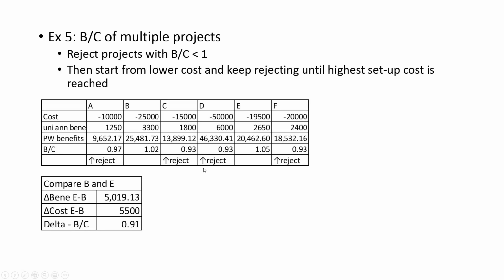And then the change in cost of E over B. We're not doing the EUAB and EUAC; we're actually taking the present worths. So 25,000 minus 19,500 is 5,500. So the ratio of change in benefits to change in cost is 5,000 divided by 5,500, 0.91, less than 1. Reject the higher cost, that is B.